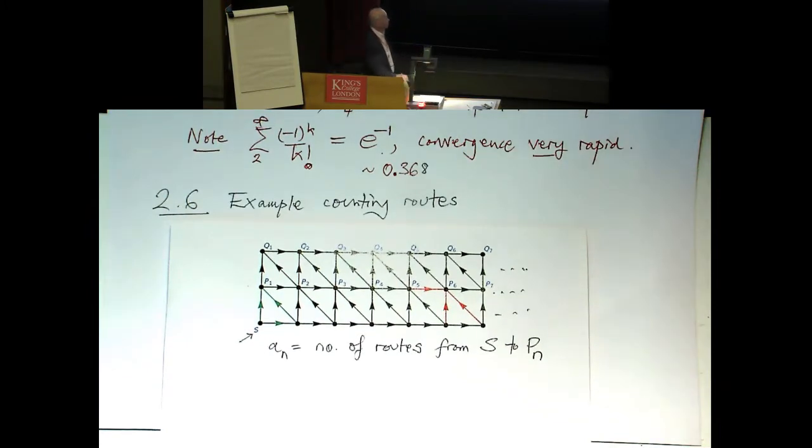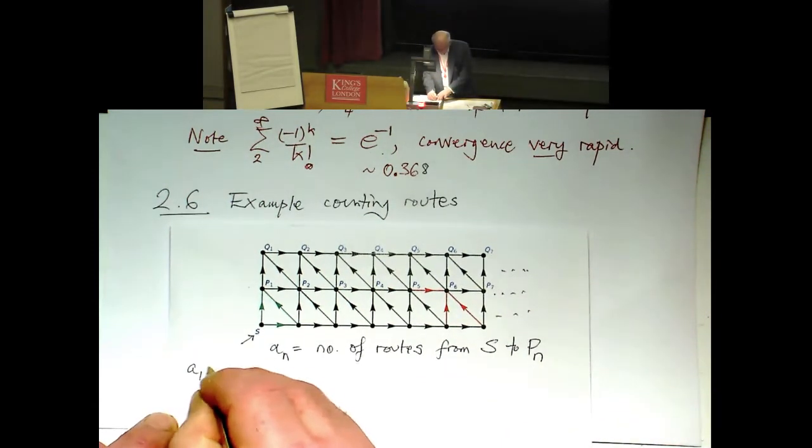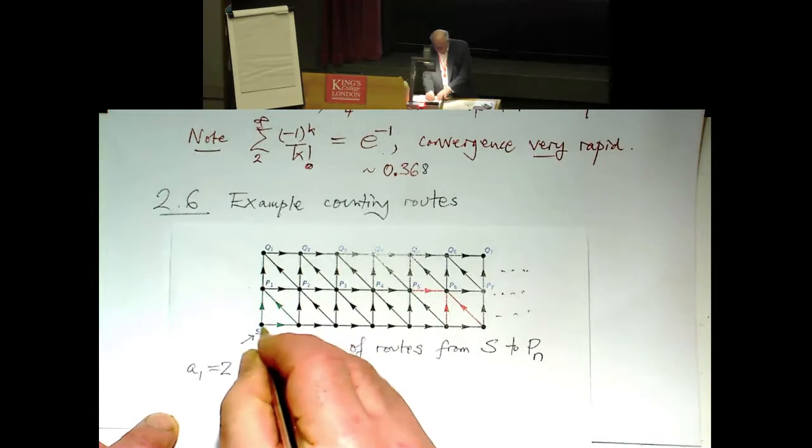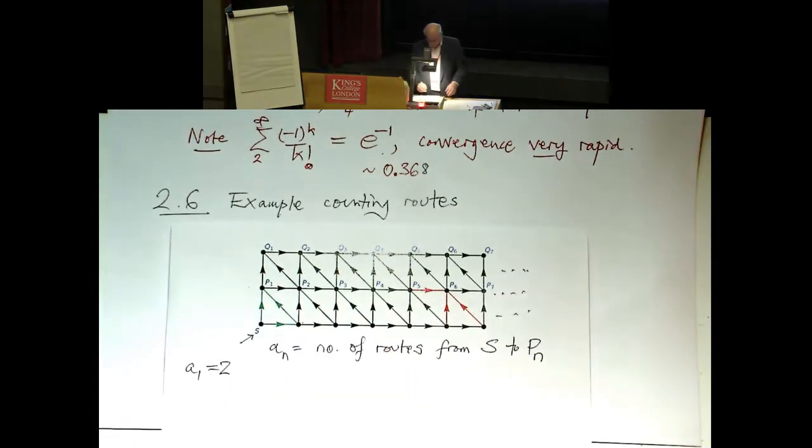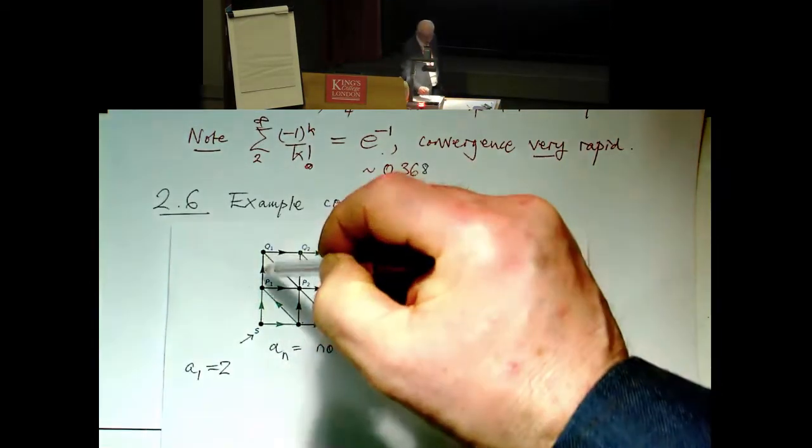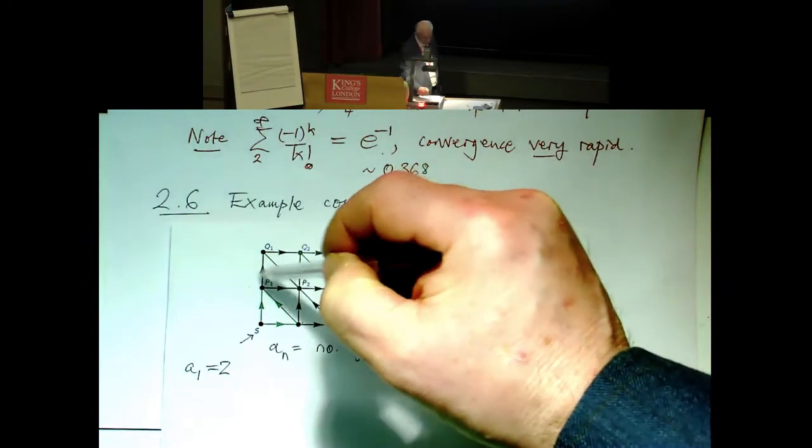So what's A1? How many ways can I get from S to P1? 2. Correct. Because I can either go vertically upwards or one across and backwards. I can't get to P1 any other way because the arrows come out of P1, these black arrows.